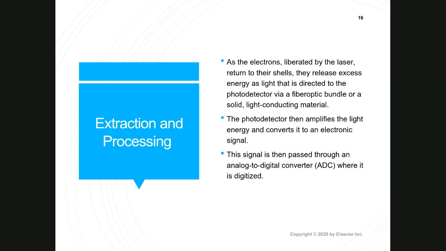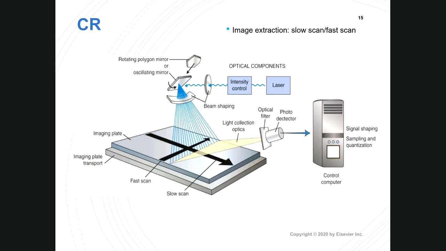It tells you that as the electrons get liberated by the laser, they return to their shells and release excess energy as light that is directed to the photodetector through a fiber optic bundle. So when it scans, it releases these electrons, which are then detected by the photodetector.